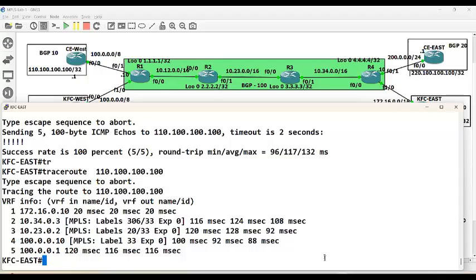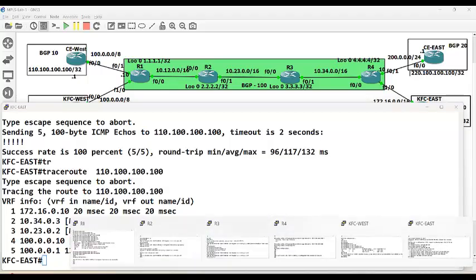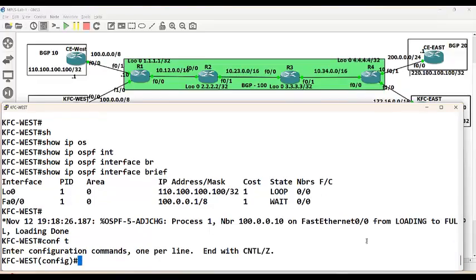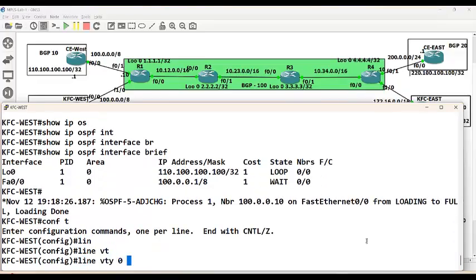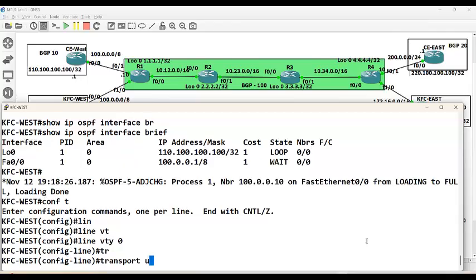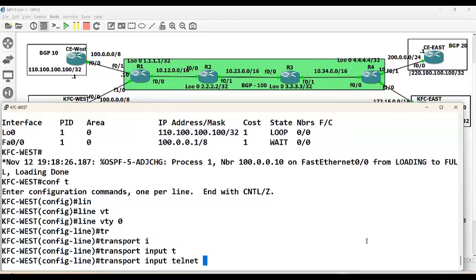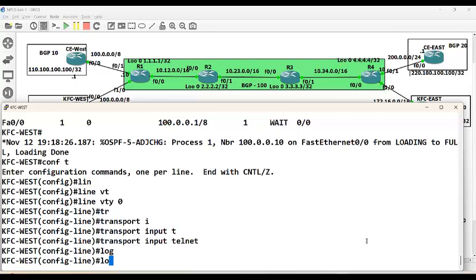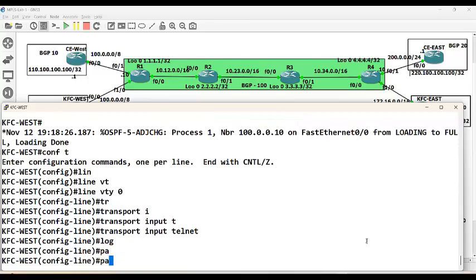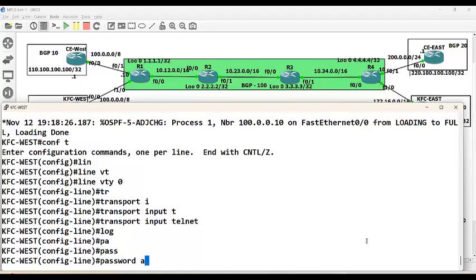But what I will do is I'll just enable telnet and show you. I'll go to west and enable telnet. Line VTY 0, transport input telnet, login, password ABC.